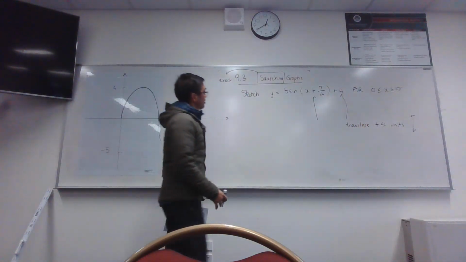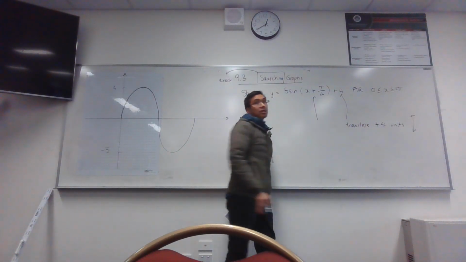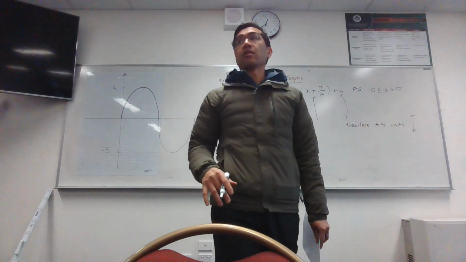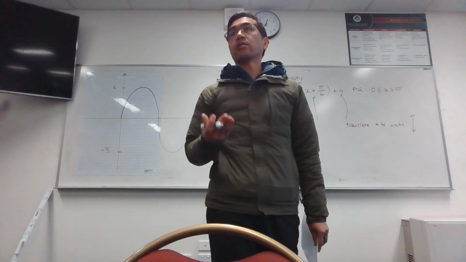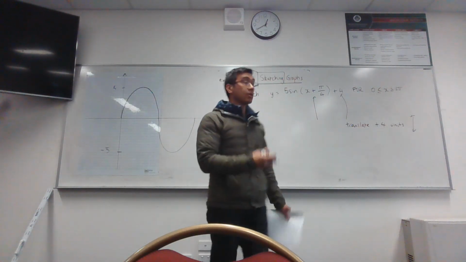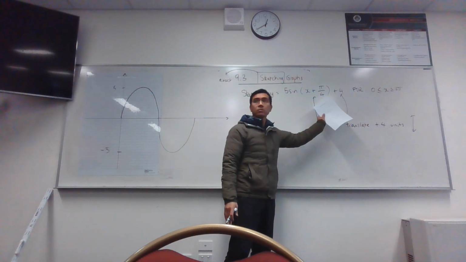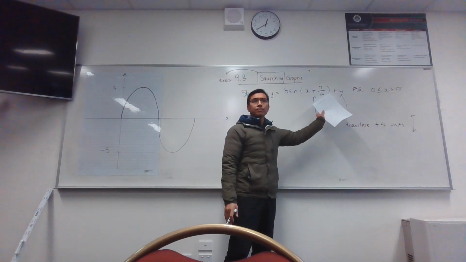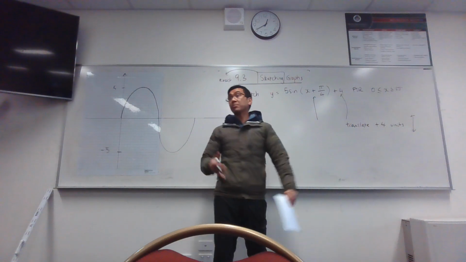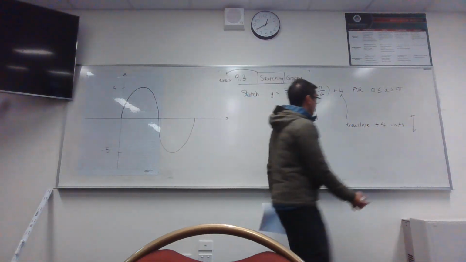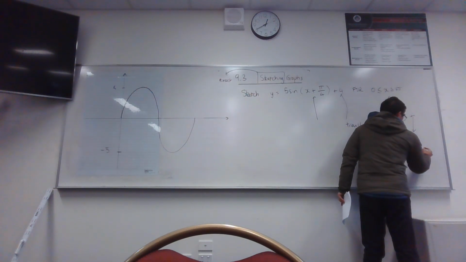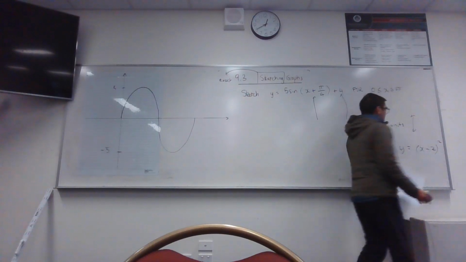Whenever you see a bracket inside and a plus something, does anyone know what that's doing there? Jesse, do you know? A plus pi on 4. It's similar, the same rules apply like when you did quadratics. Remember, you had that. What was that 2 doing?